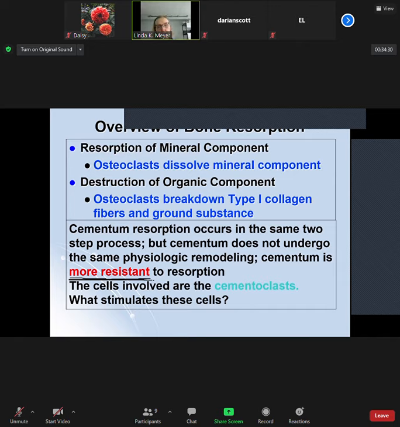And then if there's a pathological condition, such as excessive occlusal forces on a periodontium, that can trigger cementoclasts as well. Okay, so in both bone and cementum, there are similar appositional processes and similar resorption processes, but in healthy cementum, the resorption process is less likely to occur.